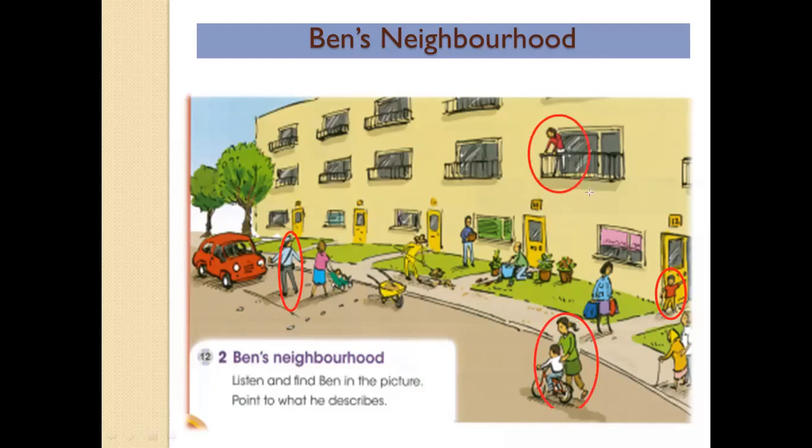Ben's aunt is standing on the balcony. His grandpa is growing plants and flowers for his neighbors. A nurse is helping an old woman, and a street cleaner is cleaning the street. This is what we studied yesterday.